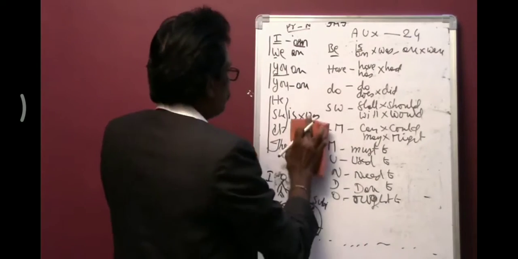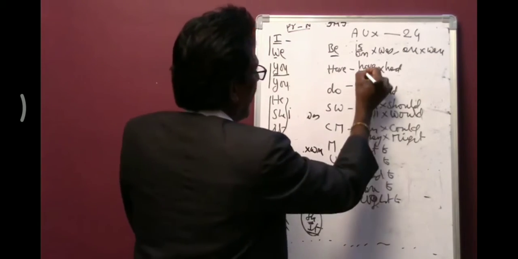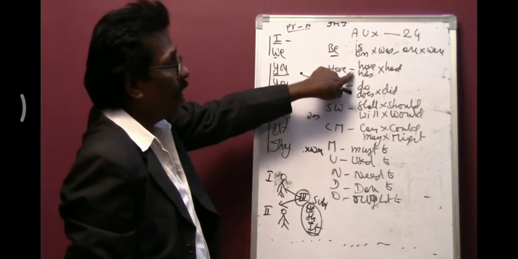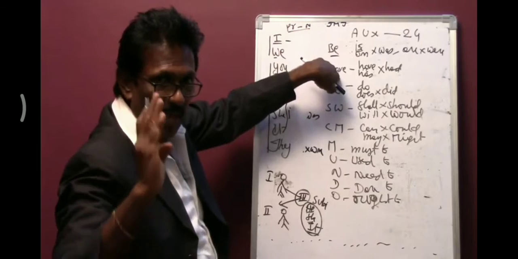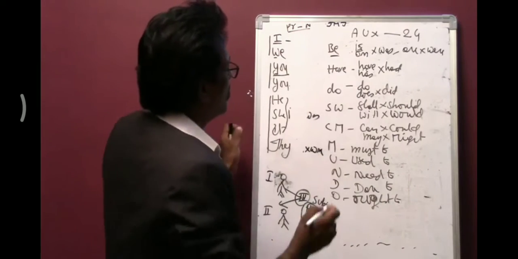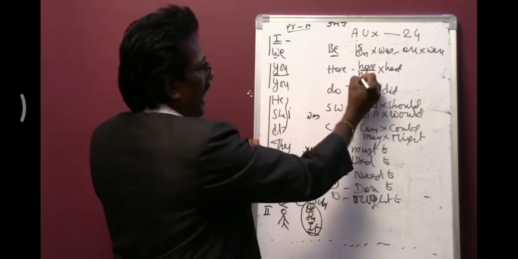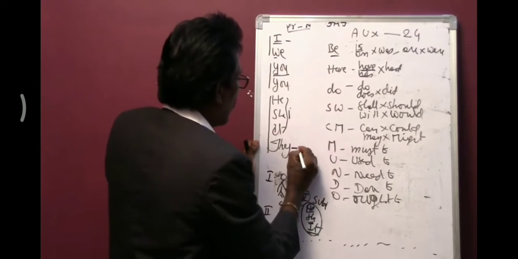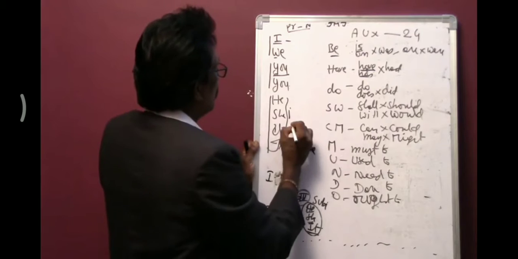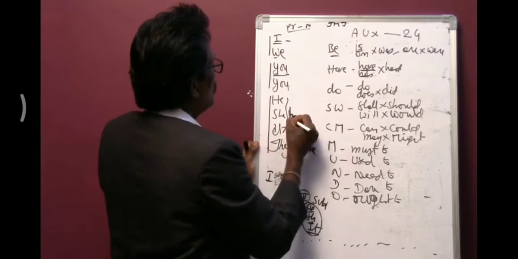Next, how to make use of the have forms. Why is the name have form given to the have forms? It shows the ownership. How to make use of this? Have is used for the plurals, has is used for the singulars. They have. He has, she has, it has.